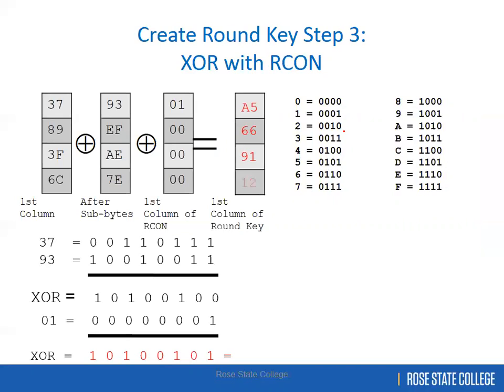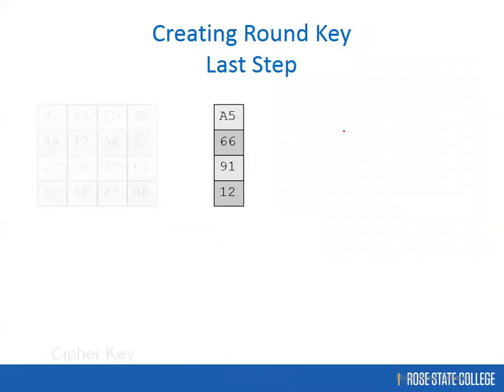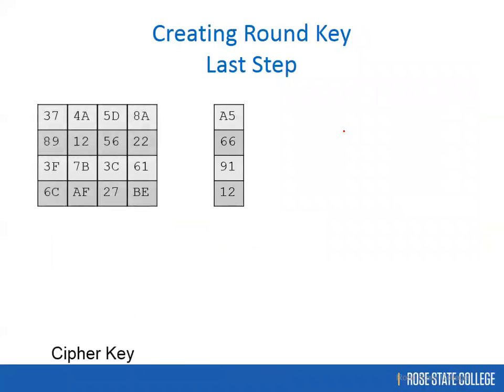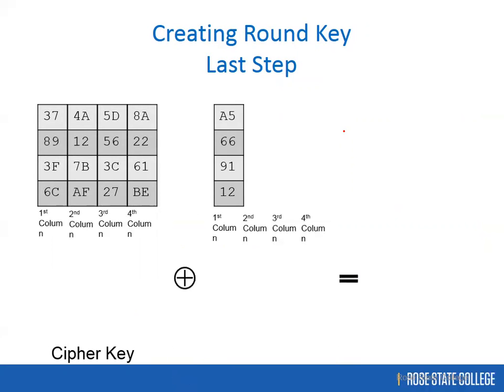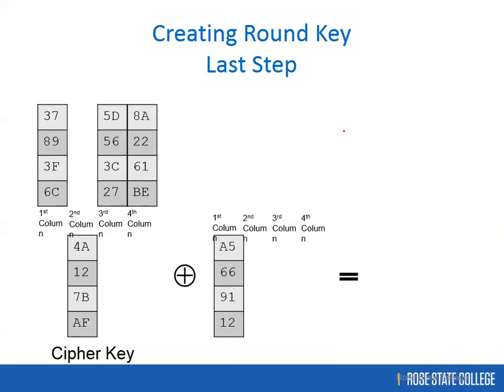Okay, we're not done yet. The 6C XOR 17, we get a 12. Because that's what we just created with the Archon. Then we take the second column XORed with this, but we don't bring in the Archon.